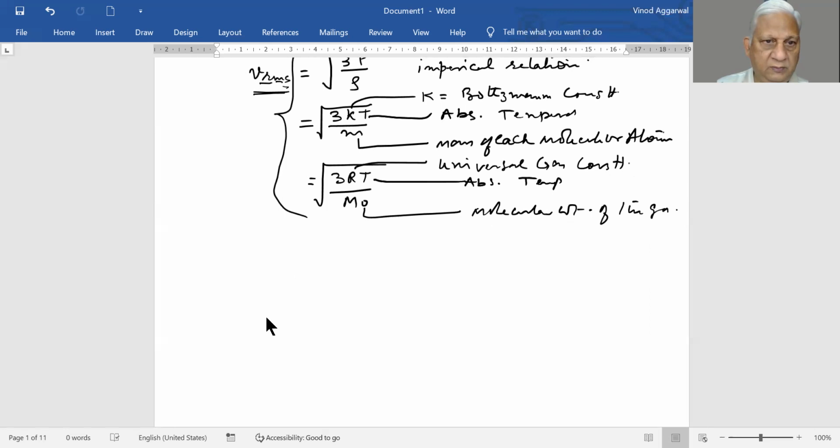And the average velocity is, why do we take average velocity? Because in a gas, molecules are going everywhere with various velocities. The velocities are not constant, but if we take an average velocity, it comes to this.